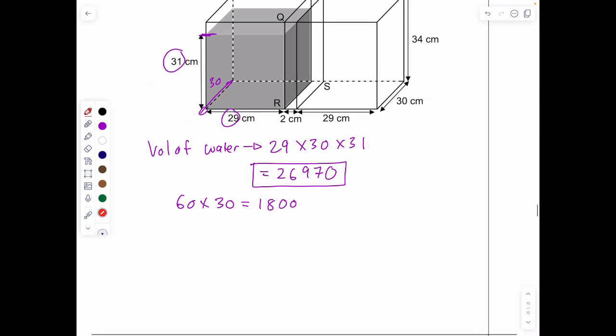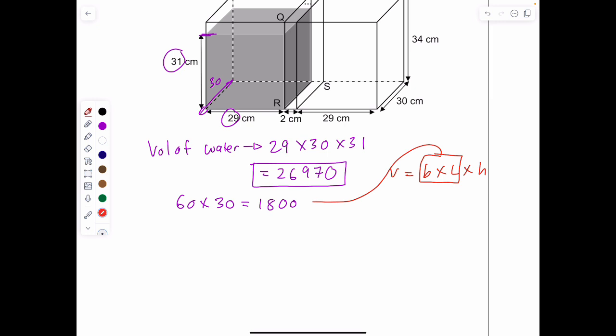Now we know that the formula for volume is basically base times length times height. So over here, my base times length is actually here, and my volume is actually 26970. So with this formula, I'm able to find out the new height of the water.